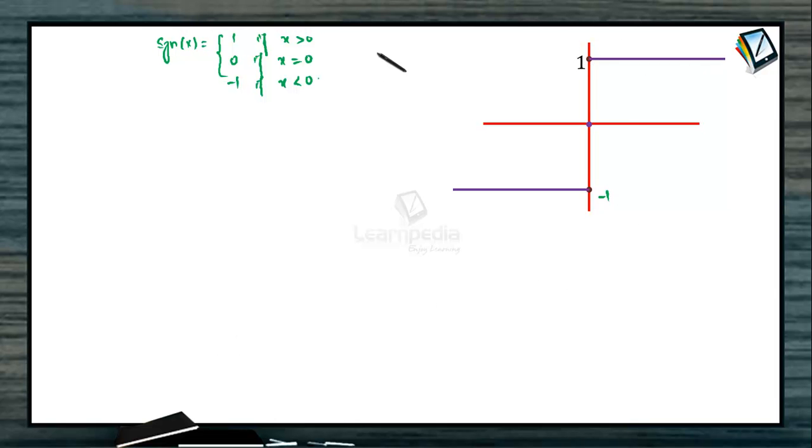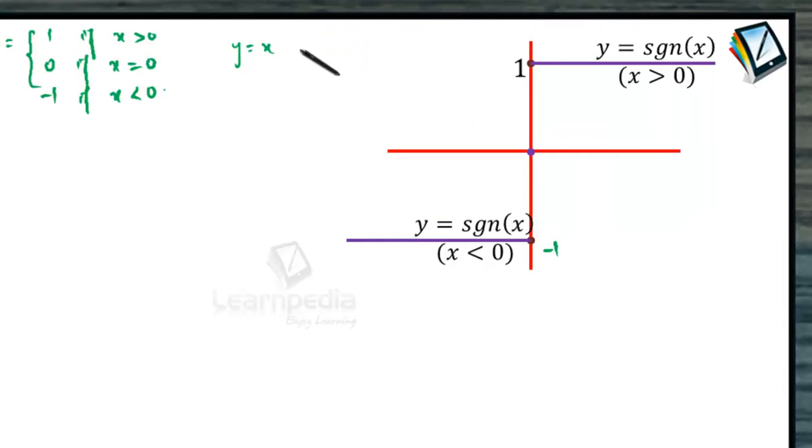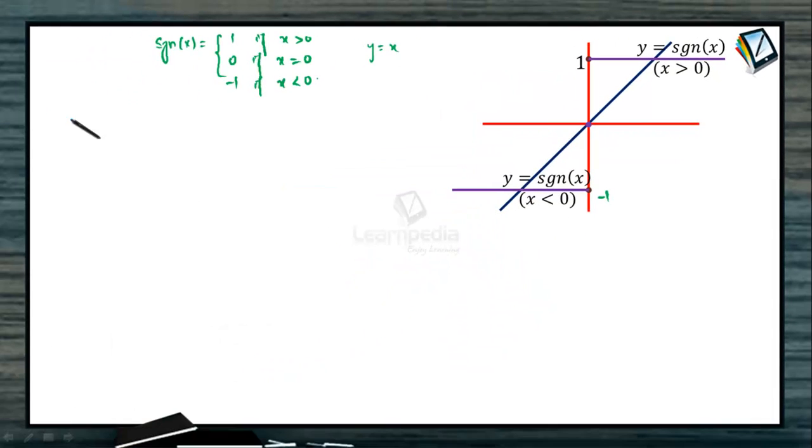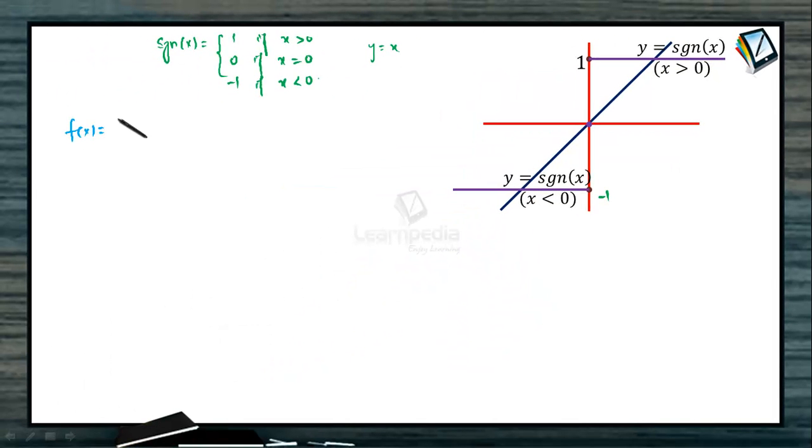Now how will the second graph, y equal to x, look? Yes, that would be a line passing through the origin. Now if you look at this region, what do we need? We are given that f of x is the value of signum function of x minus x if signum function of x is greater than x, and it is 0 otherwise.